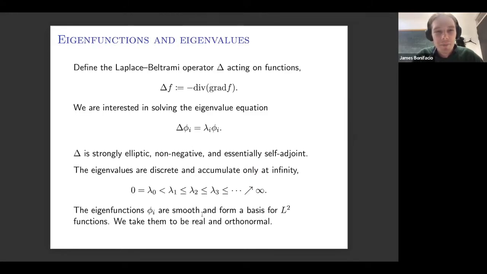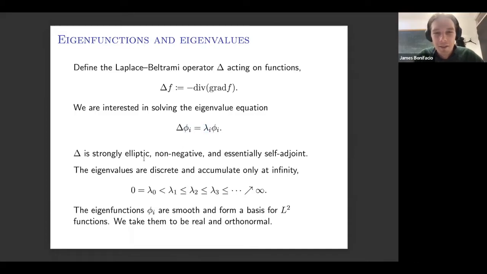So on a hyperbolic surface, I want to, as usual, define the Laplace-Beltrami operator, or just the Laplacian Δ. So acting on functions, I'm going to define this as just minus the divergence of the gradient of the function, so that it's non-negative. Then we're going to be interested in solving the eigenvalue equation with eigenfunctions φ_i and eigenvalues λ_i.